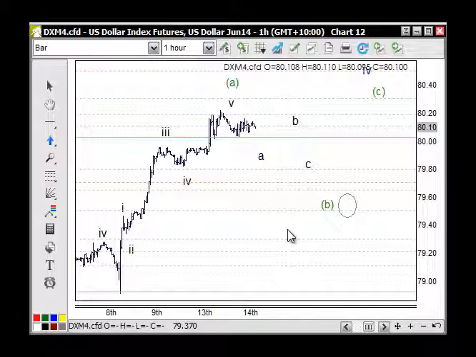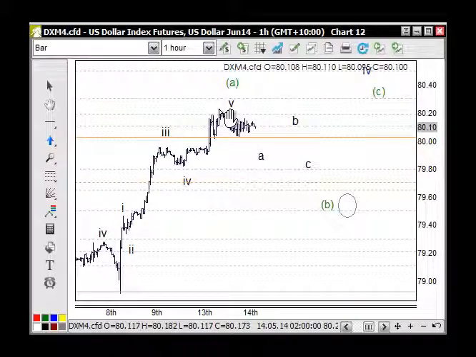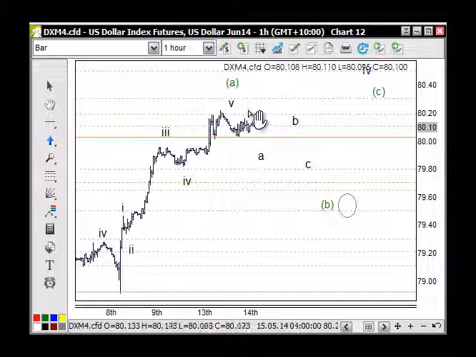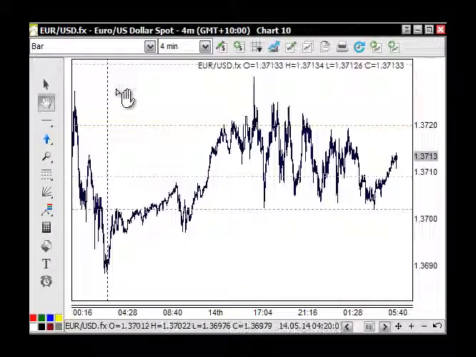While this is looking for a top in play here, there may even be another little move up here, because I can count 1, 2. All of that could be the third and the fourth and the fifth. So there could be one little move there, but the main point is that we're looking for a corrective pattern across here. So that pretty much leaves the euro at its low as well.